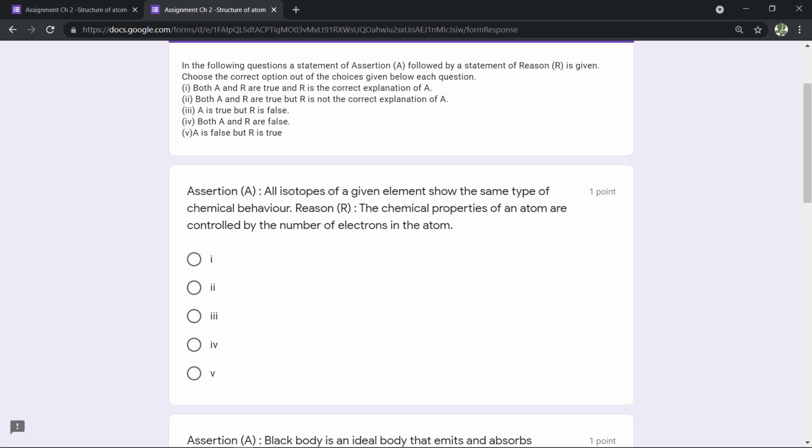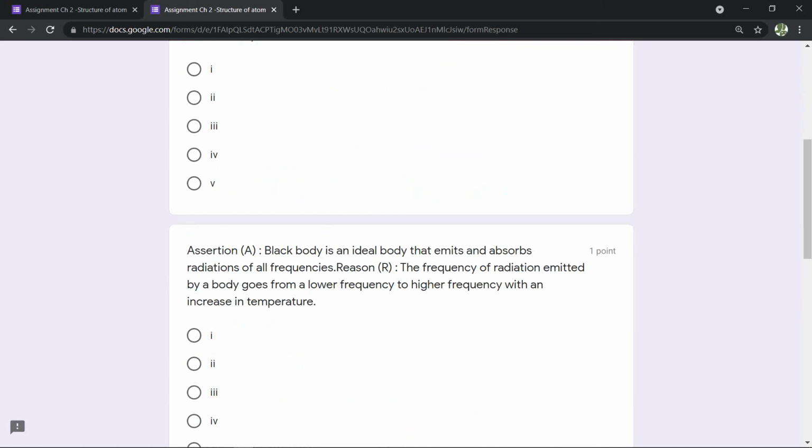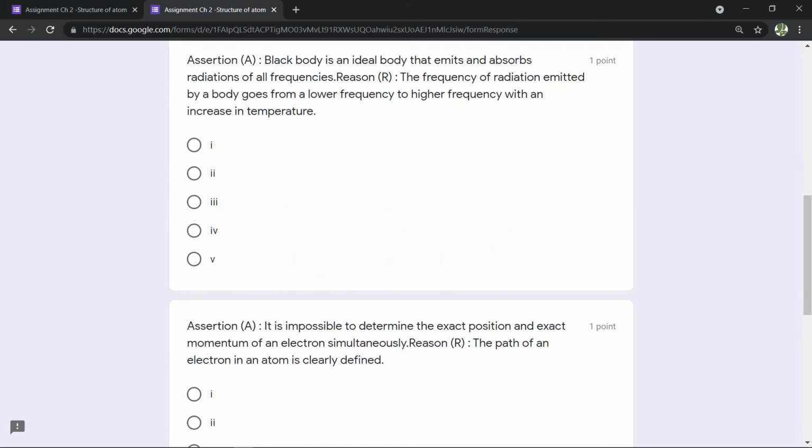Now, the reason is true or false? The reason is true, but it's not the correct explanation. Yes, A and R are true, but R is not the correct explanation. Any more questions? Yes, ma'am, next question.